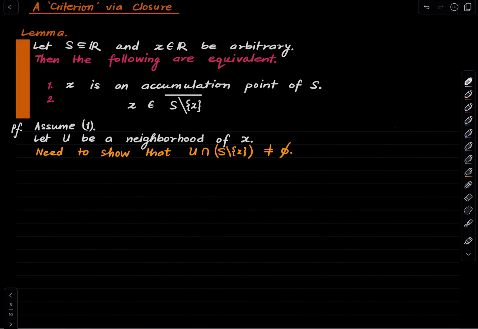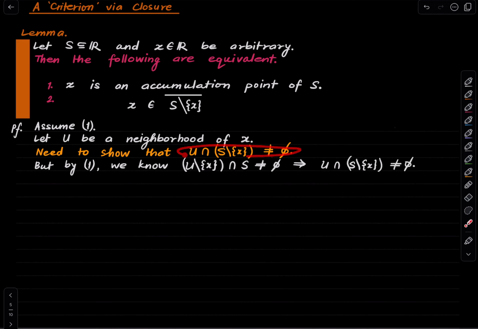But, well, by 1, meaning that since x is an accumulation point of S, we know that this deleted neighborhood of x intersects S in a non-empty set, which is same as saying that this is the case. So we have proven what we wanted to show, and therefore 2 holds.